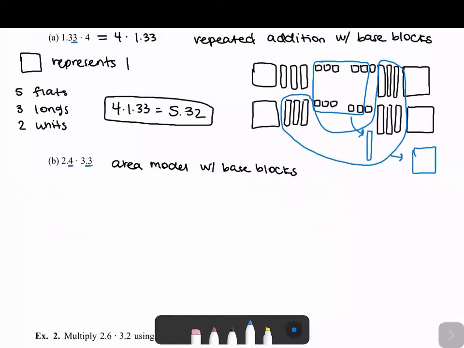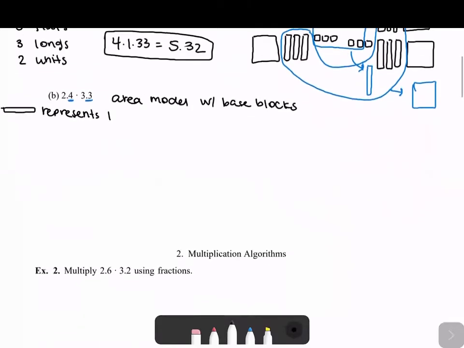So that means we're going to use a 10, or a flat, to represent 1. So here a flat represents 1.